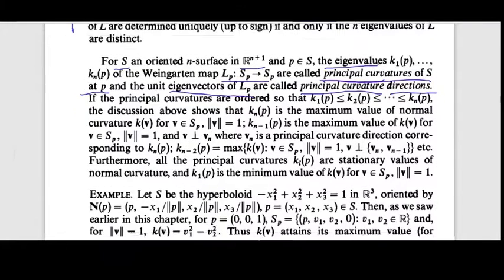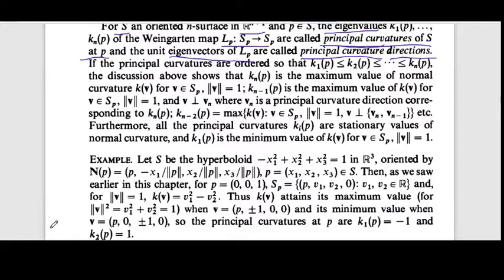Here we have a remark: if the principal curvatures are ordered so that k1(p) ≤ k2(p) ≤ etc. ≤ kn(p), then kn(p) is the maximum value of the normal curvature k(v) for v belonging to S_p with norm v equal to 1.